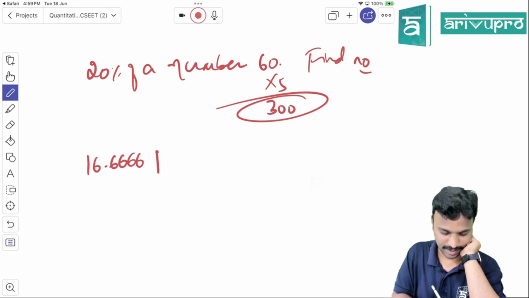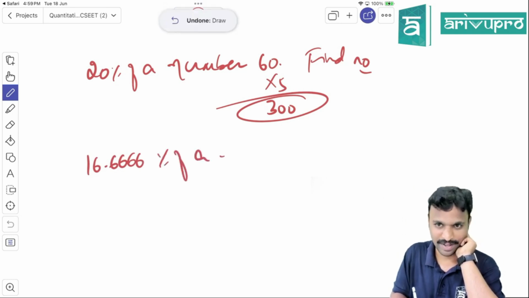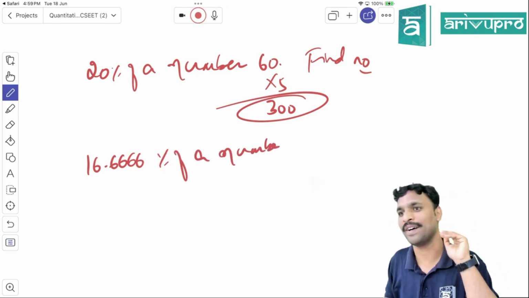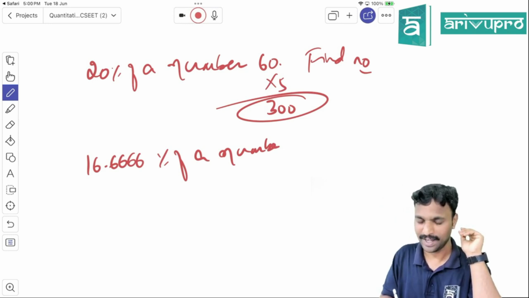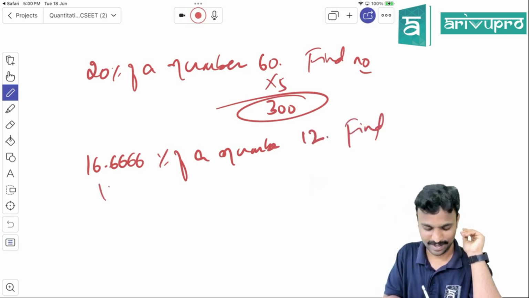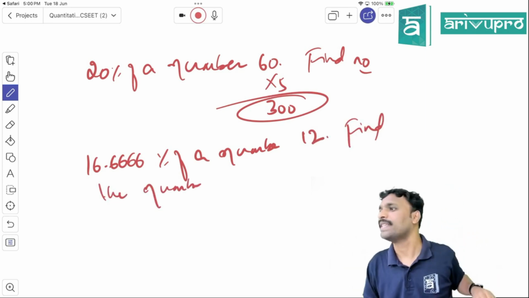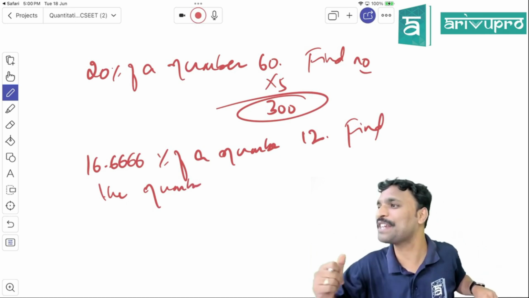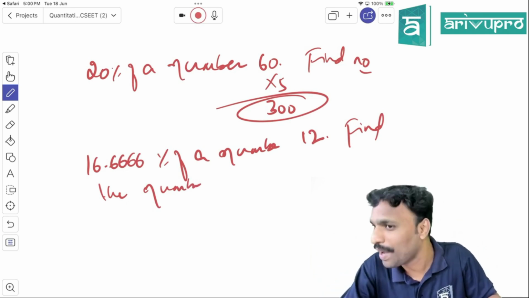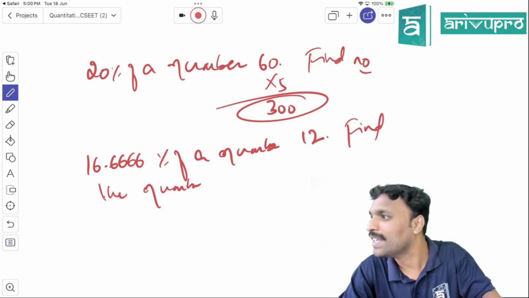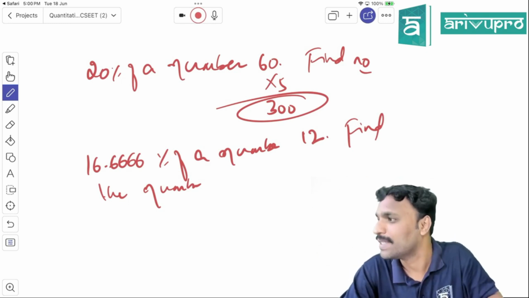16.66% of a number is 12. Find the number. Very good. 16.66% means what fraction? 1 by 6. 1 by 6 of x is equal to 12. So x is 12 into 6.